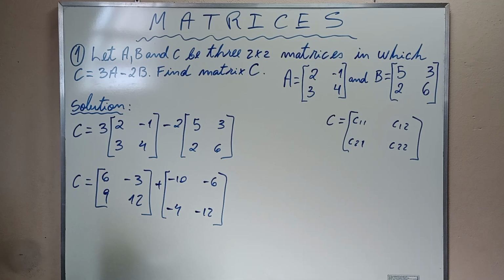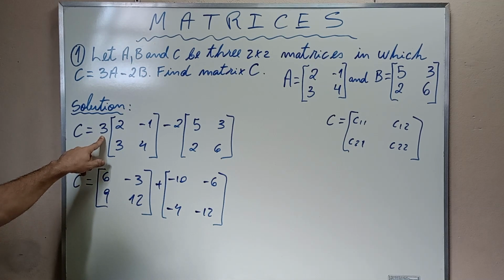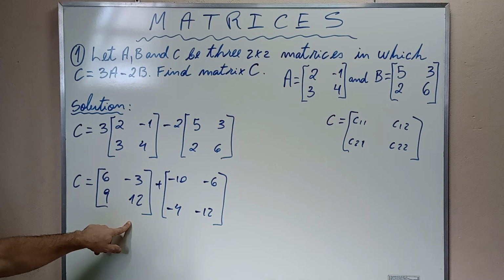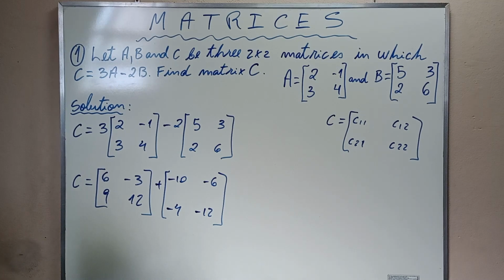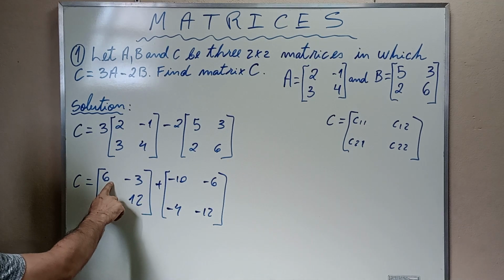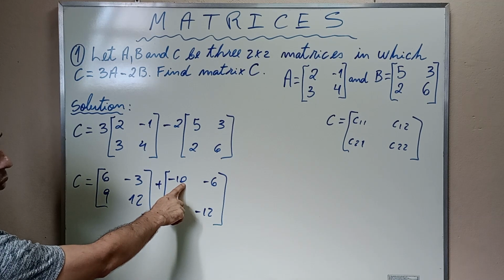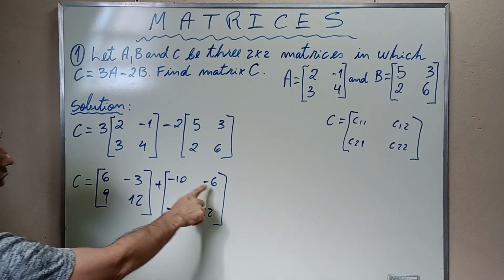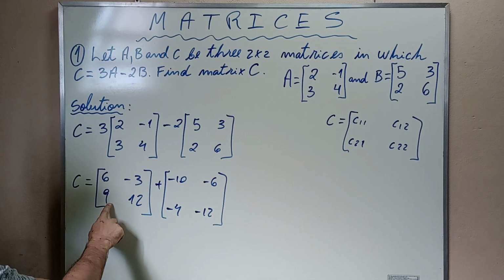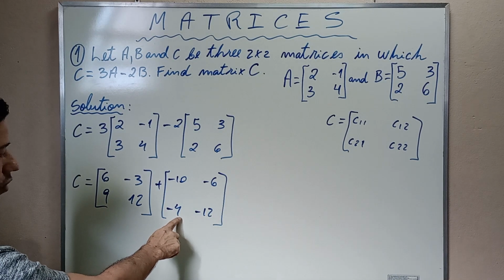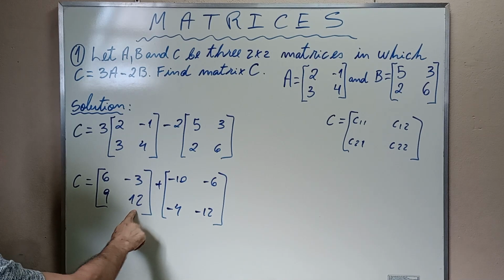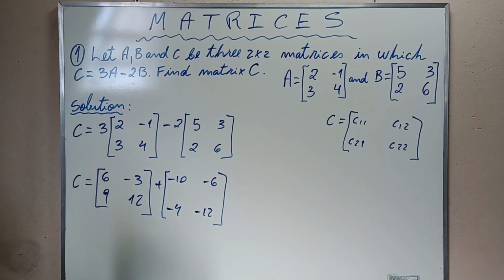Now that we've performed scalar multiplication, we are going to carry out matrix addition. When performing matrix addition, we sum the corresponding entries of the matrices, A11 with B11, A12 with B12, A21 with B21, and A22 with B22, okay?